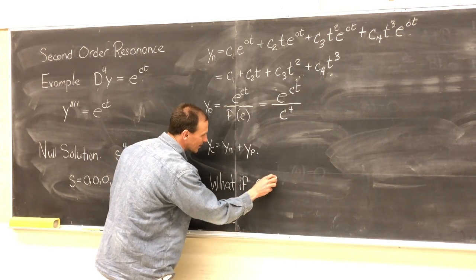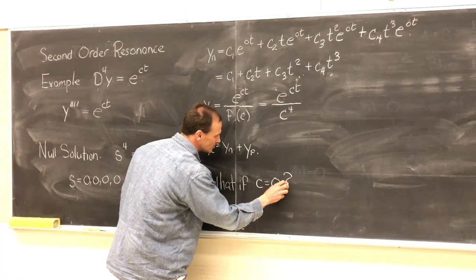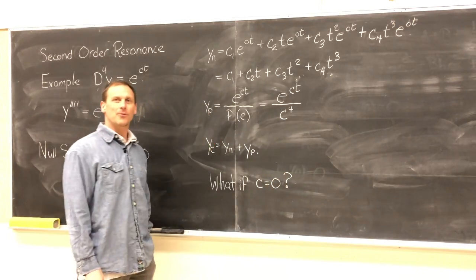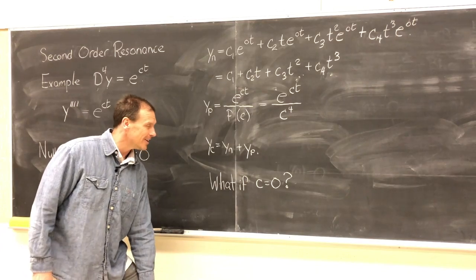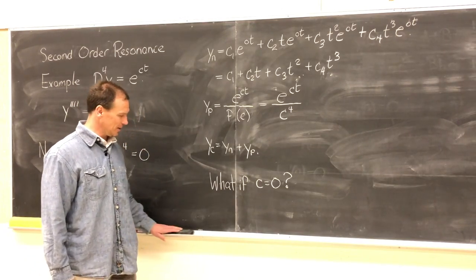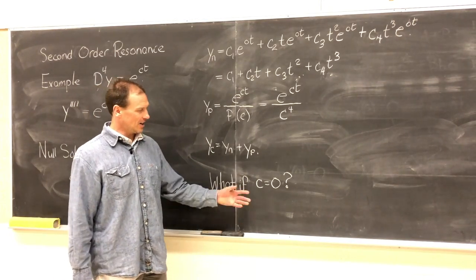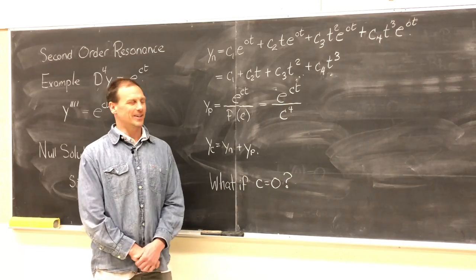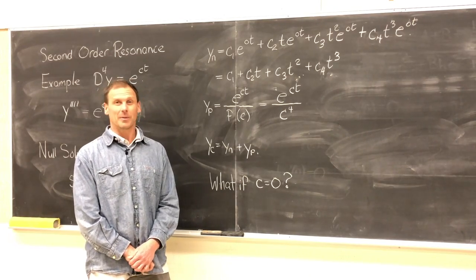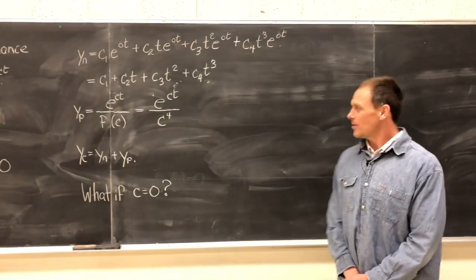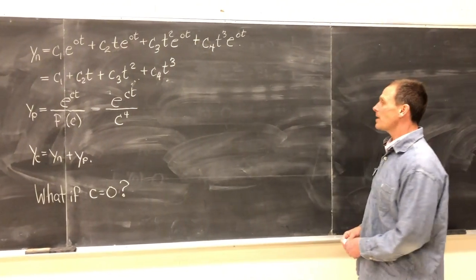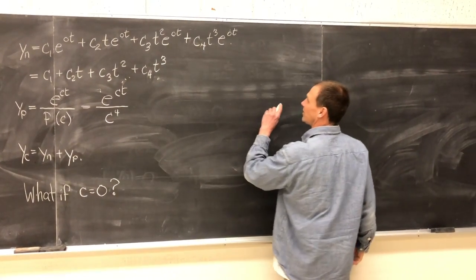But the question is, and you'll love this, what if c is 0? What if my forcing term is e raised to the 0 power? I know this seems a little bit strange. It's more of a mathematical idea than one that might be modeled. But let's just watch and see what happens from the math.